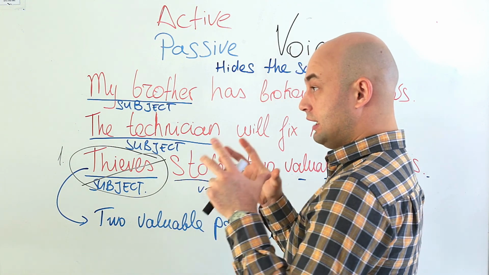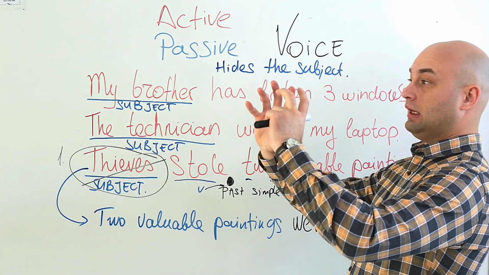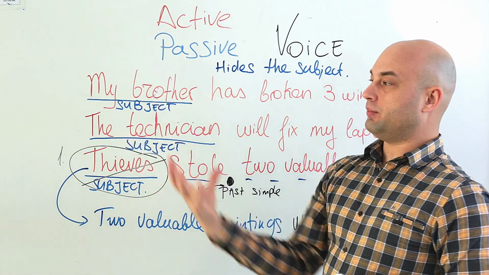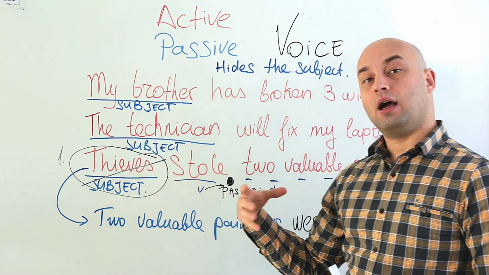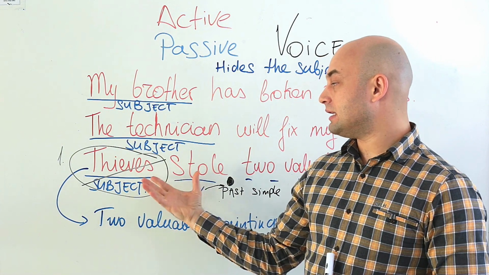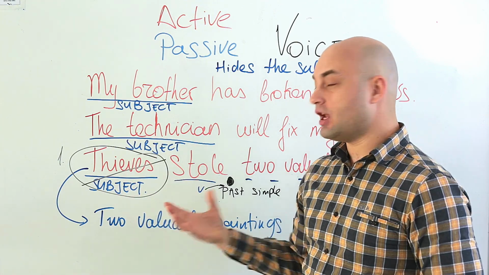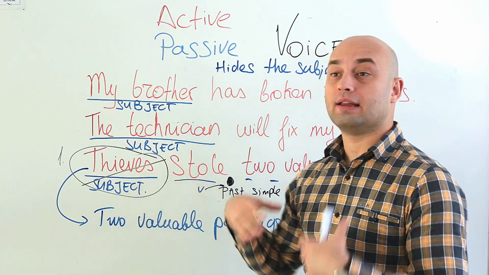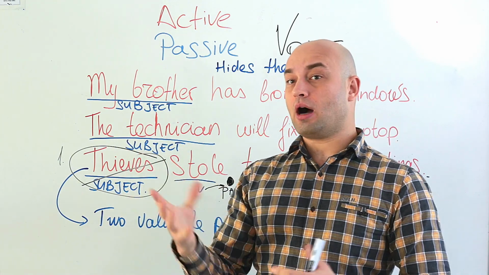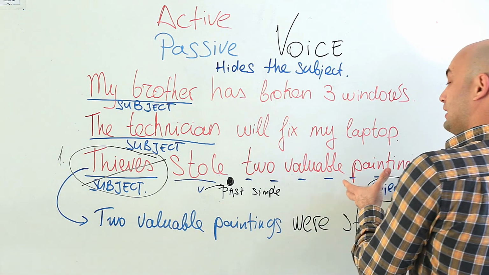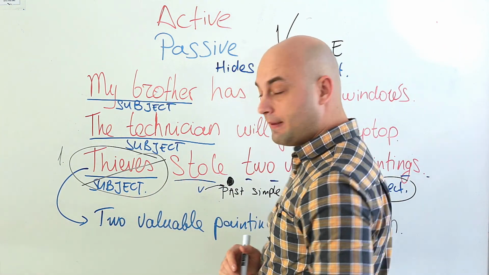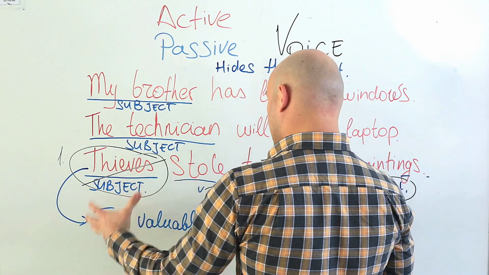You need to show something in the most important position, you focus on that. So when I say a sentence in active voice, a normal sentence, your focus falls on the subject normally. So now I want your focus to go to the object. How do I do it? I put it in the front of the sentence. I place it in the very beginning.